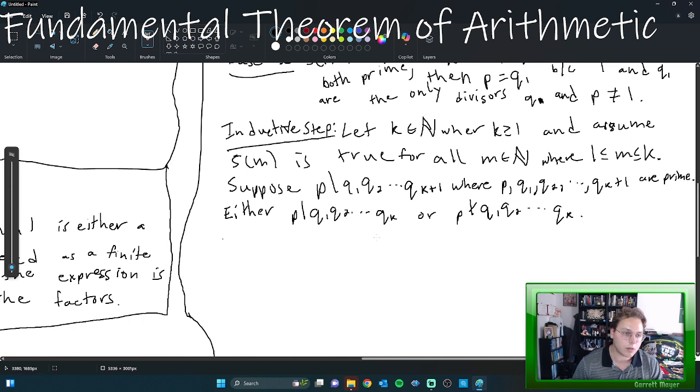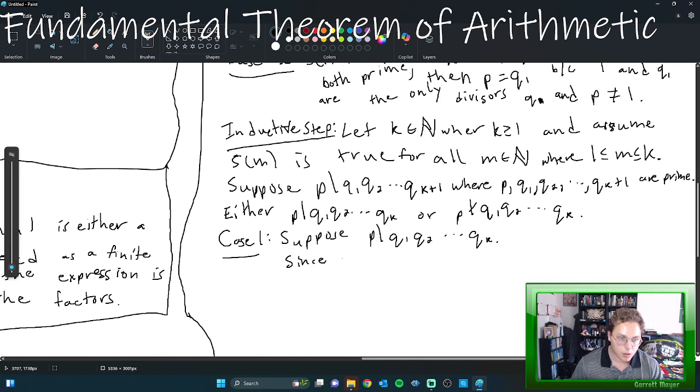So case 1, we're going to assume P divides Q1, Q2, ..., Qk. Since S of k is true, P equals Qi for some i.